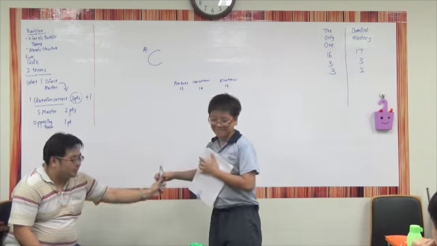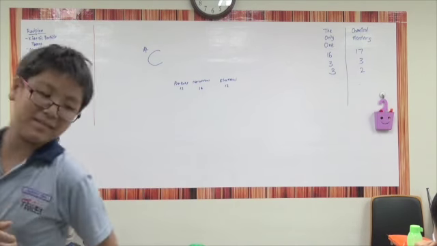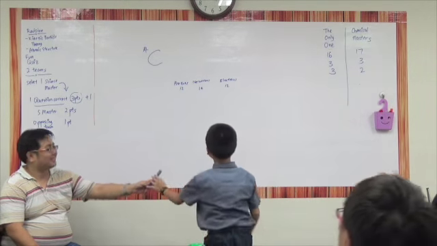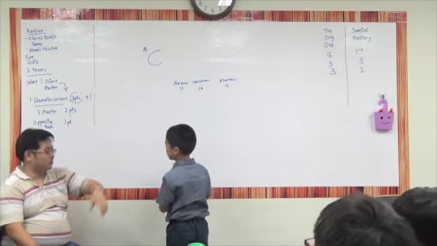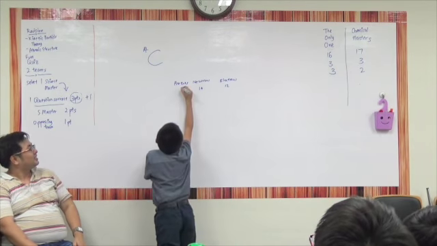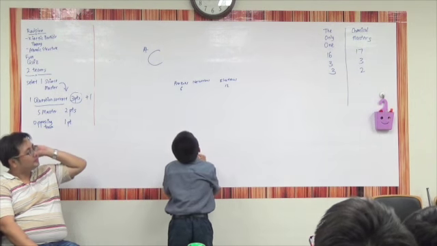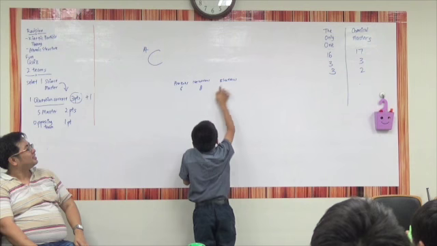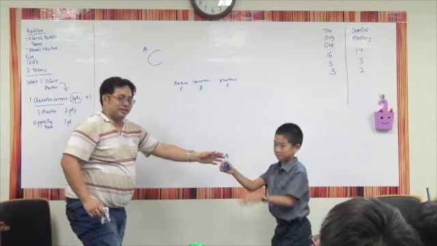It's incorrect. Okay, science masters, come out. Okay, what do you want? Carbon 14. Good job. The protons, neutrons, and electrons. Yes, correct.